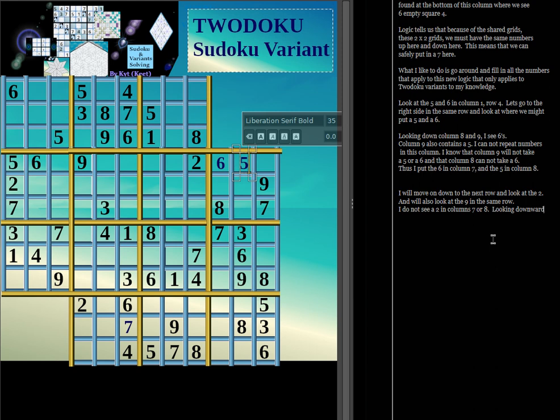Looking downward again and using cross hatching, I still cannot determine where a 2 might go. Thus, I move on to the 9.